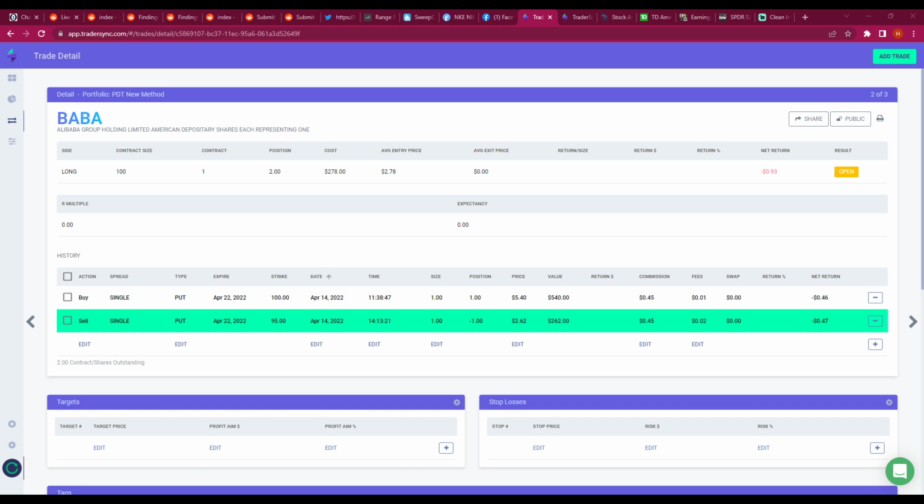Back here. So even though I said we're not doing any more spreads, I sold the 95 against it for $2.62. Now, if BABA winds up finishing under 95, we'll keep that $2.62 and also keep the $2.38 for the difference on the long call.